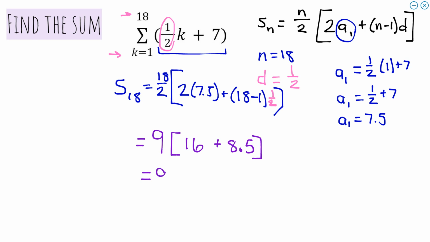So our summation is going to be 9 times our 24.5, also known as 220.5 is the sum from 1 to 18. So that is our sum from 1 to 18.